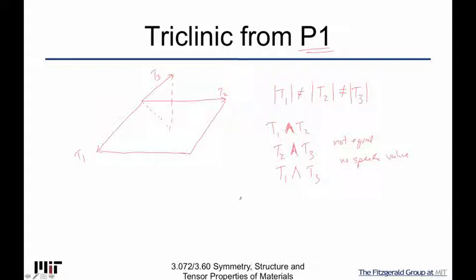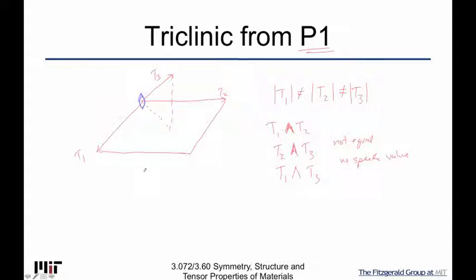Now, just to prepare you for what is coming, one of the rules here is that T3 cannot destroy any symmetry in the plane group. And so you can imagine if I have a symmetry element, let's say that this has some sort of a twofold axis, right?